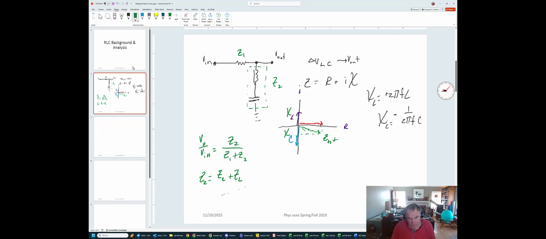So all we do is, well, okay, it's minus 1 over 2 pi FC squared, but then square root, magnitude, right? So basically this is 1 over 2 pi FC plus 2 pi FL. That's Z2.